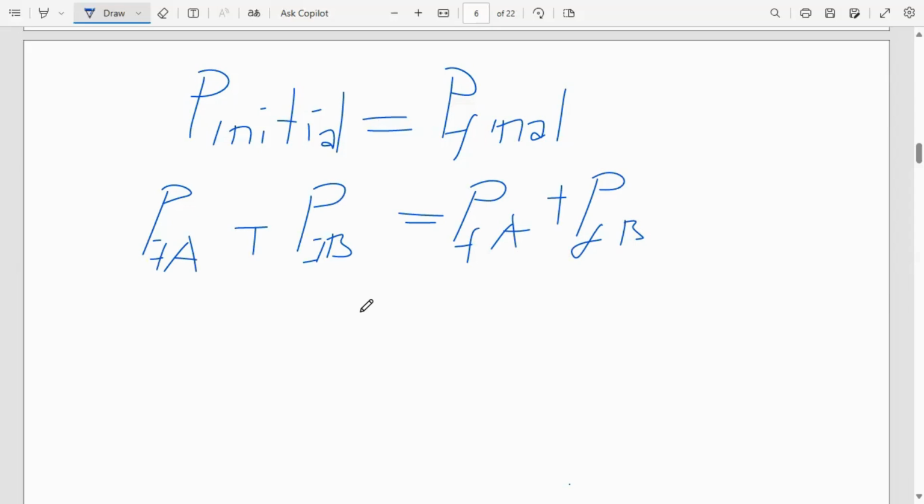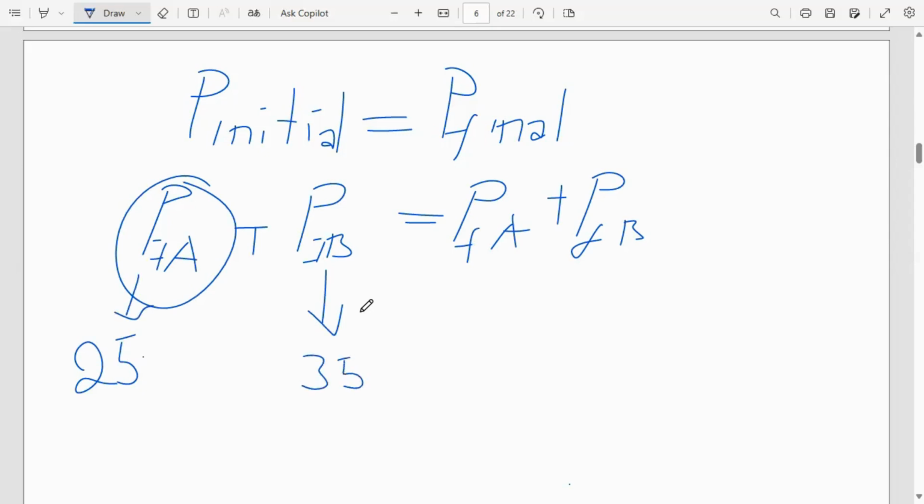If we follow that approach, what are we going to see? We've been given the momentum of the first object: the initial momentum is 25 kg·m/s. For the second one, the initial momentum is 35 kg·m/s.